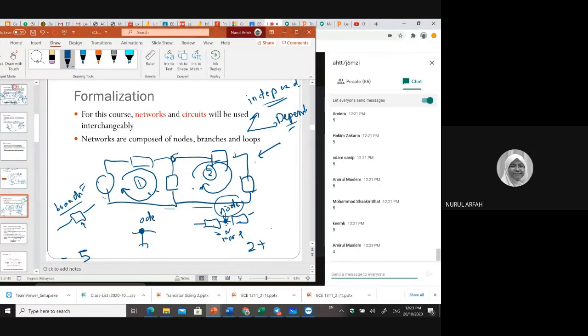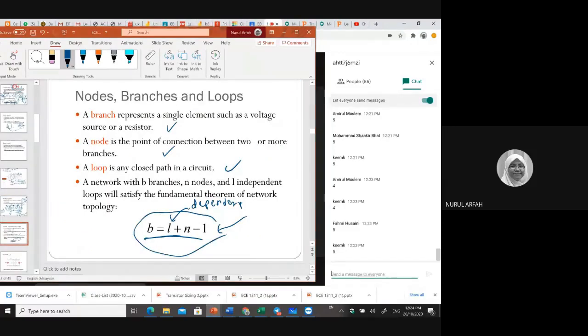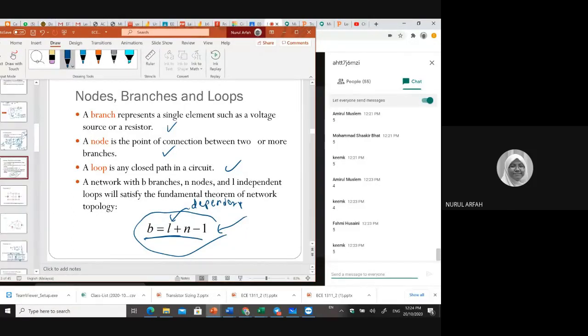You have 1 here, 2 here, 3, 4. So you have 2 plus 4 minus 1, which is 5, right? So it says that branches equal 5. And you have 1, 2, 3, 4, 5. Yes, you have 5 branches or 5 elements. So this one is just to verify that your calculation is correct. Okay, good.